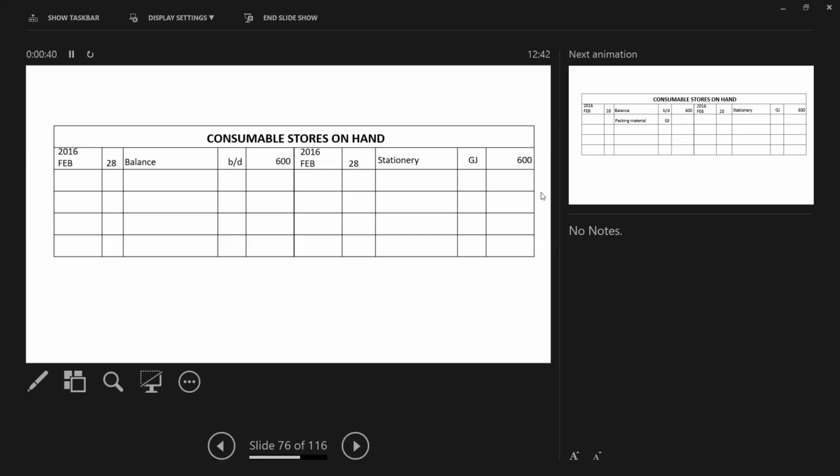At the end of the current financial year, packing material unused will be 1,500. Stationery unused will be 600. In total, that will give us a balance carried down of 2,300, which is our consumable stores on hand that we will start the next financial year with.